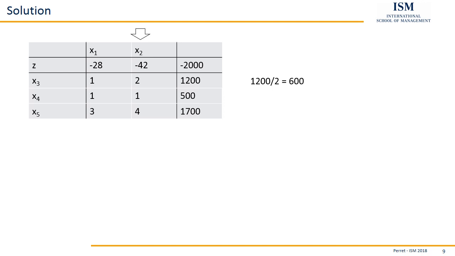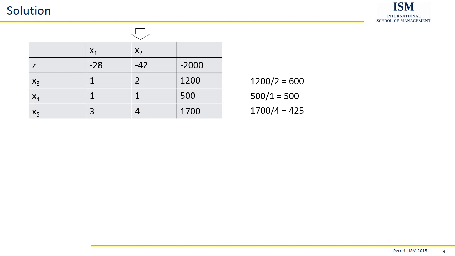So we divide the 1200 by the 2. We get 600. Then we do the same thing for the next row. There we have 500 and 1. So we divide 500 by 1. We get 500. Finally, we have 1700 and 4. So we divide 1700 by 4. And we get 425.